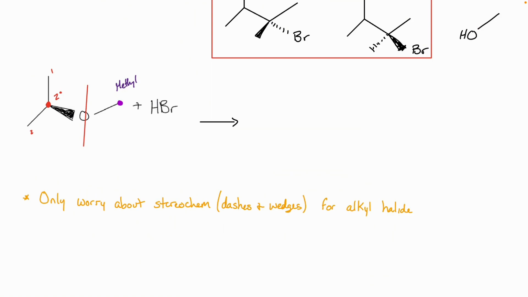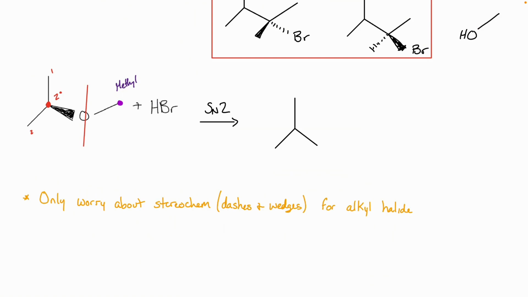What do I mean by that? If we look at our chart, we can say that this is an SN2. In SN2, we know we have to invert our stereochemistry, but we're only going to worry about it for the alkyl halide part. For our alcohol, we're just going to leave it as it is.